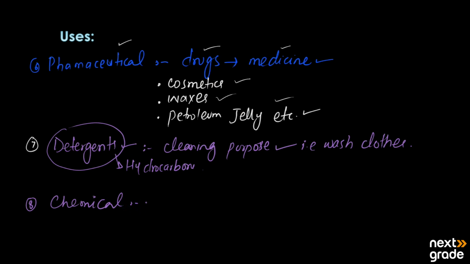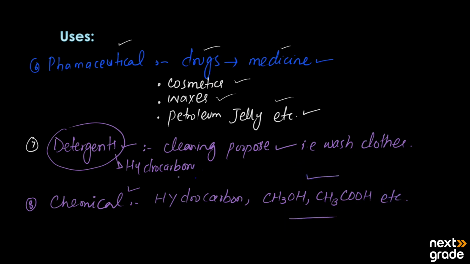A number of chemicals are obtained from hydrocarbons, such as methyl alcohol, CH3OH, and acetic acid, CH3COOH, and so on.